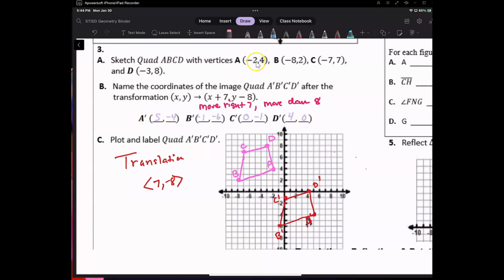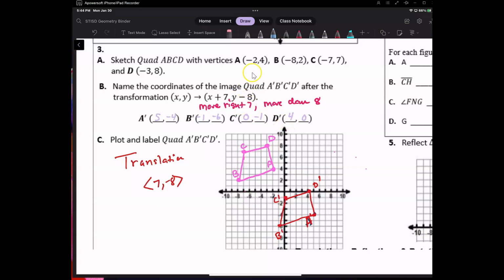You get your negative 2, you get your negative 8, and you get your negative 7, and you add 7. So you have 5, because negative 2 plus 7 is 5. Negative 8 plus 7 gives you negative 1. Negative 7 plus 7 gives you 0. And negative 3 plus 7 gives you 4.